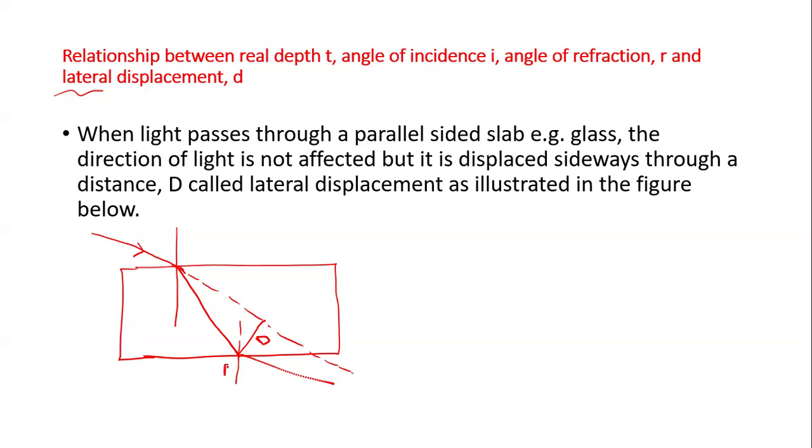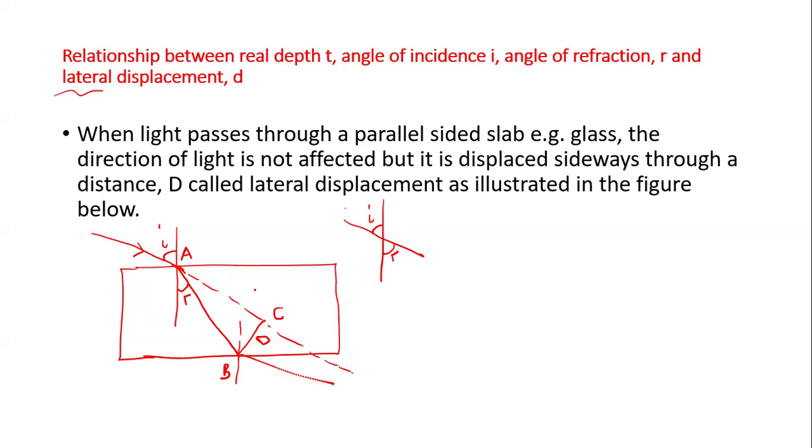So if this is B and this is C, and maybe here we have A, this is our angle of incidence. And we know very well that when we come inside, this is the angle of refraction. But take note that whenever I have something like this, the angle I have here, if this is I, is also going to be I, because two vertically opposite angles are always equal.